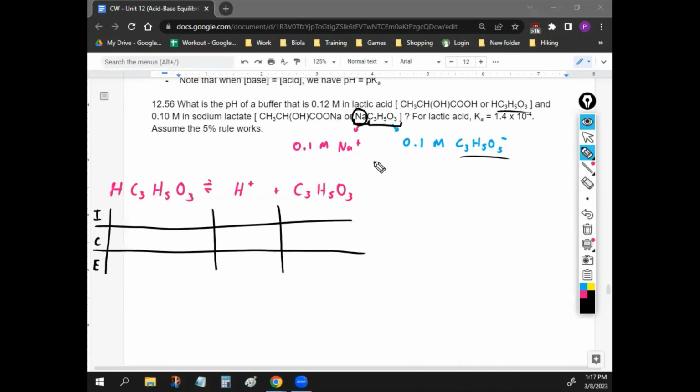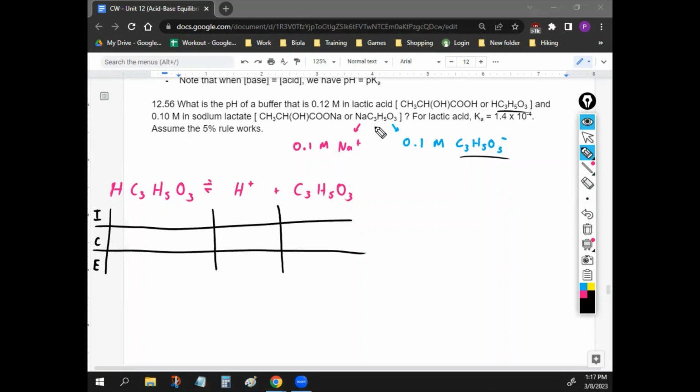Lactic acid, you could write it like that, but it separates it like this for you, and it tells you it's an acid, so you know one of the hydrogens is going to come off. It's a little bit convoluted.